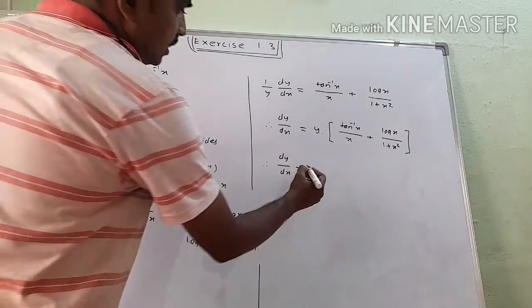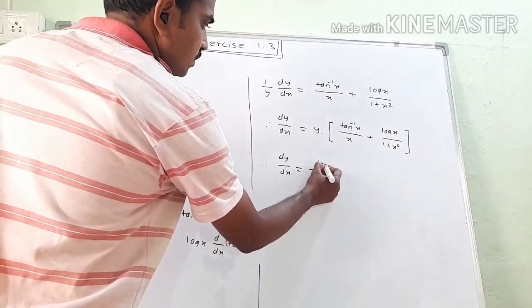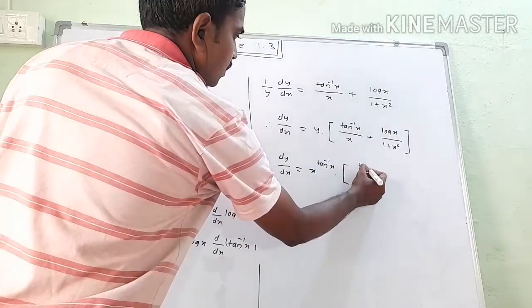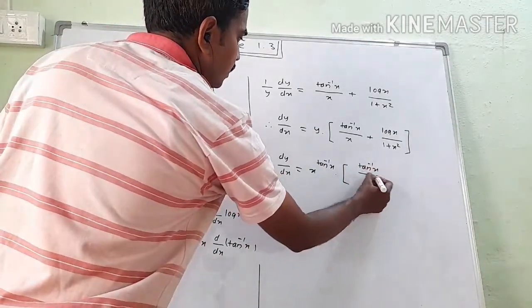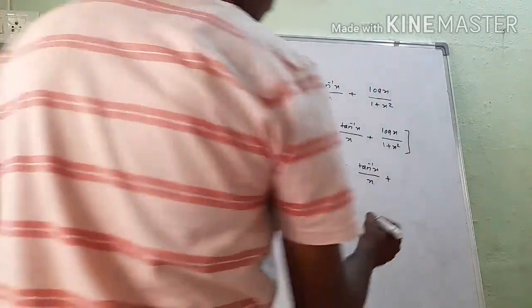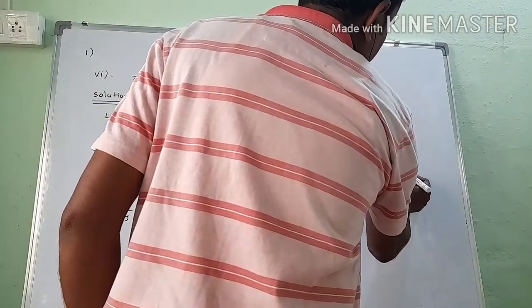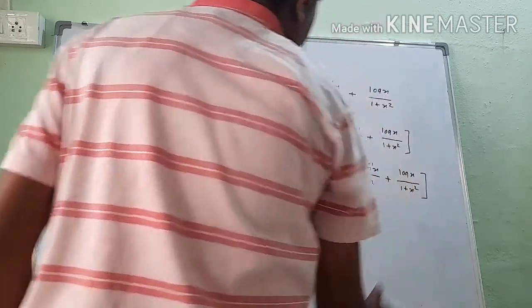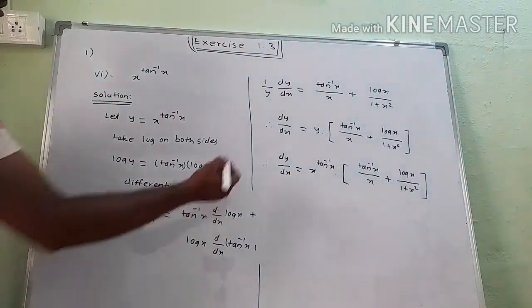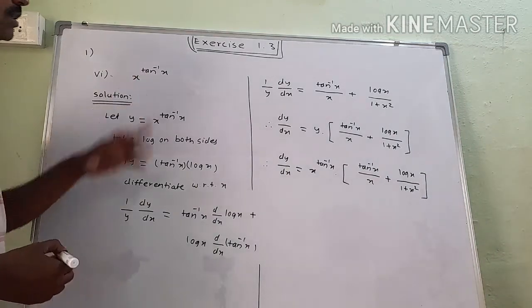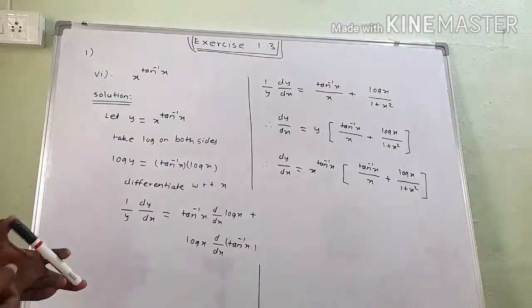The value of y is x raised to tan inverse of x into the square bracket expression as it is, tan inverse of x divided by x plus log x divided by 1 plus x square. This is the required derivative of y with respect to x, means differentiation of x raised to tan inverse of x.